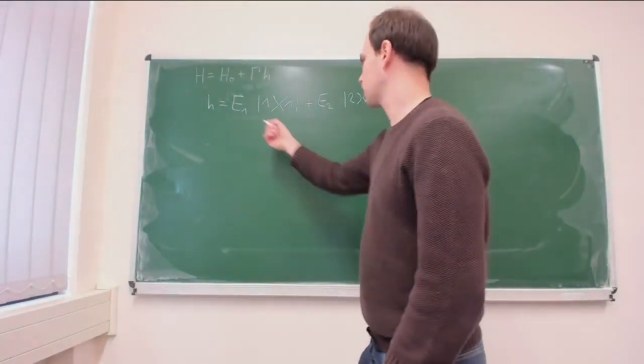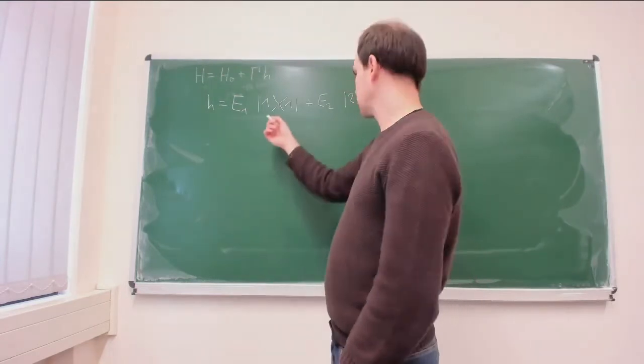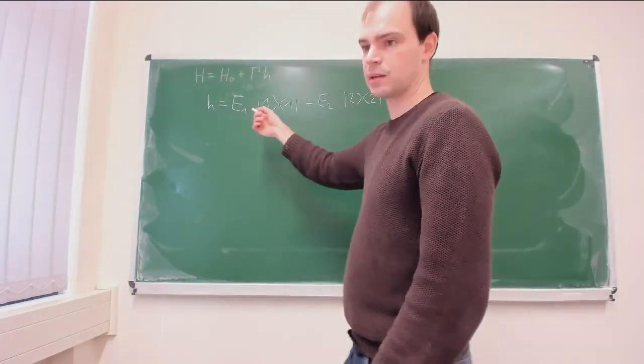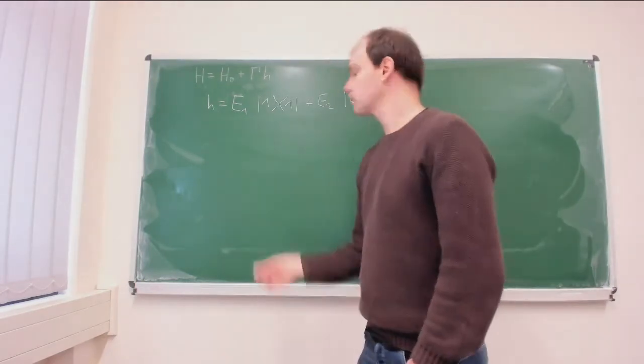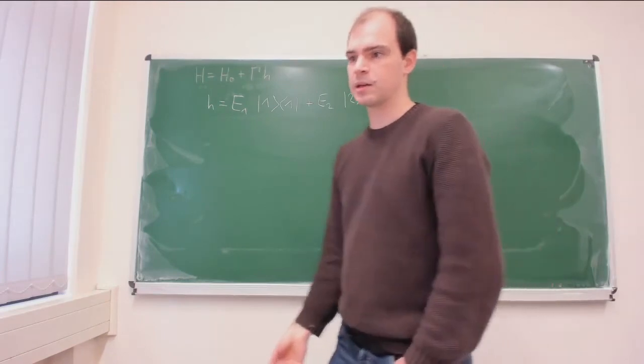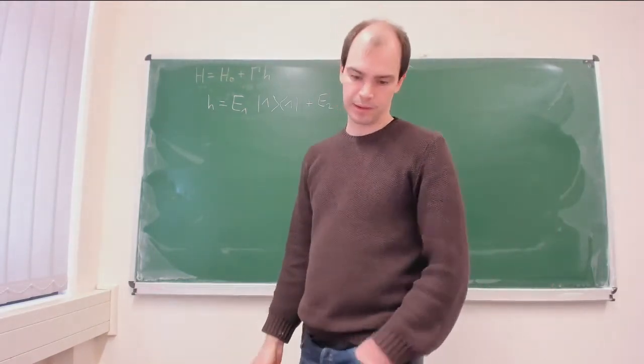So we have the energy basis for our operator, which is just the energy that goes with the first state times the projector on the first state plus the energy that goes with the second state times the projector on the second state.